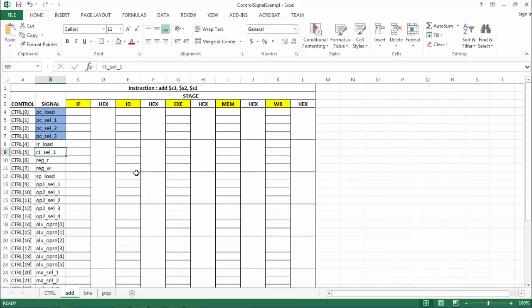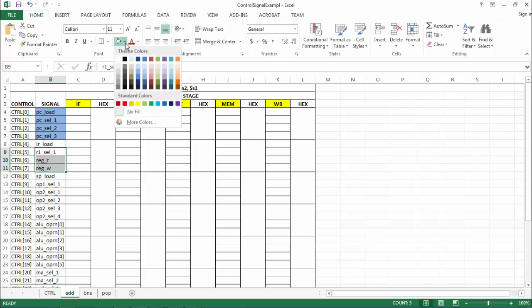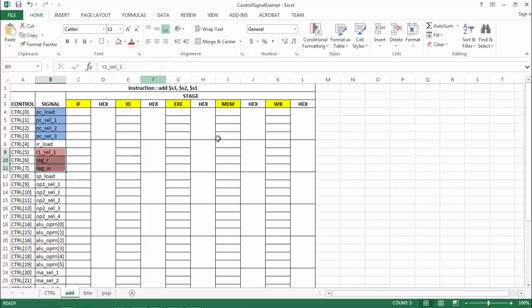And then I would say these three, we can possibly group them together. Let's just use some other color there, maybe like this color. So this is all related to my register operation, register controls.